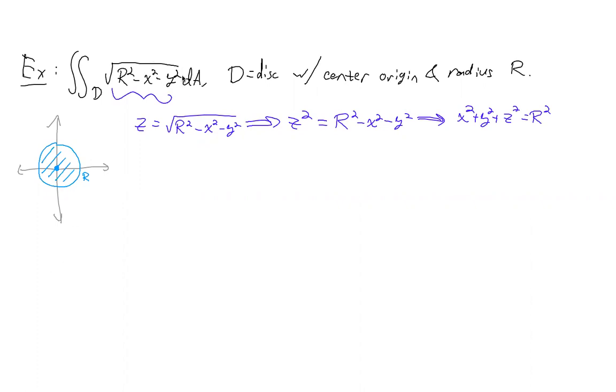So let me give a slightly different figure. Basically what we're looking at now is something that looks like this. We're trying to figure out what this volume is. So here's our x, y, and z as before.